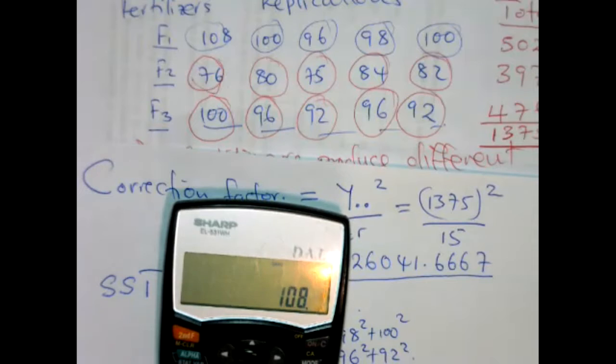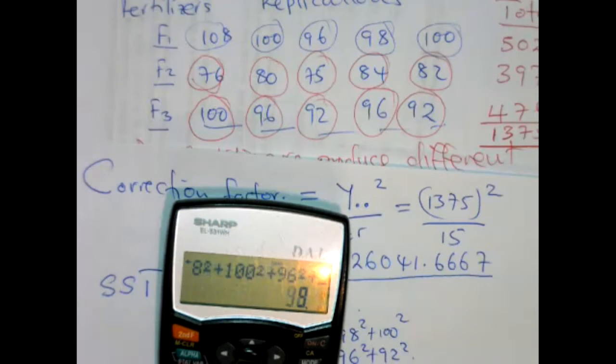That is 108 squared plus 100 squared plus 96 squared plus 98 squared plus 100 squared plus 76 squared plus 80 squared plus 75 squared plus 84 squared plus 82 squared plus 100 squared plus 96 squared plus 92 squared plus 96 squared plus 92 squared.